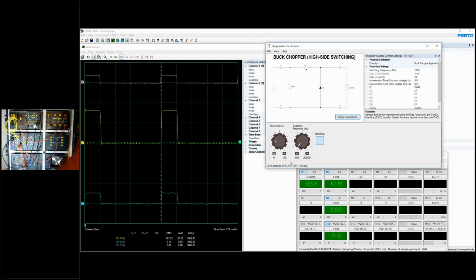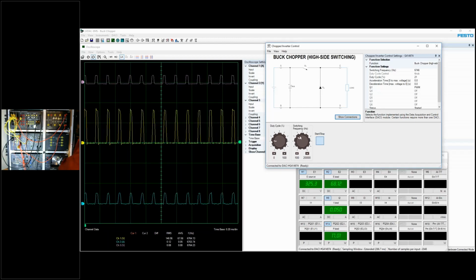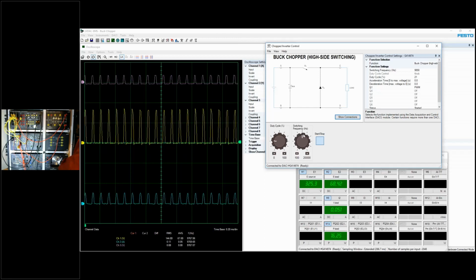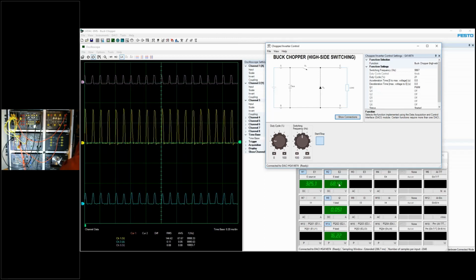And you will see that even if I change the switching frequency, the average voltage at the output will not change, but we will see in the oscilloscope that, of course, our cycles become shorter and shorter. But you see that it has almost no impact on the voltage output that we get there. So now I'm up to 10,000 hertz switching frequency.